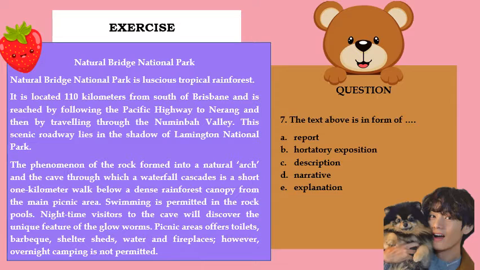Question 7. The text above is in the form of: A. Report, B. Hortatory exposition, C. Description, D. Narrative, E. Explanation.